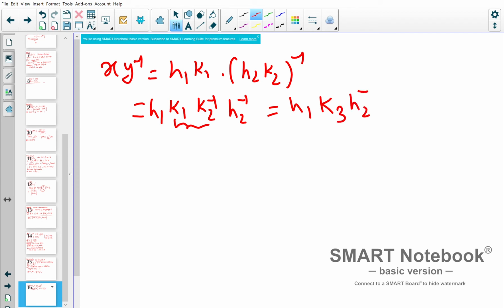Right? Clear? And now also you know that HK equals KH, which means this element you can write down as something of the form KH, one from K, another from H, right? So let us write down this element.